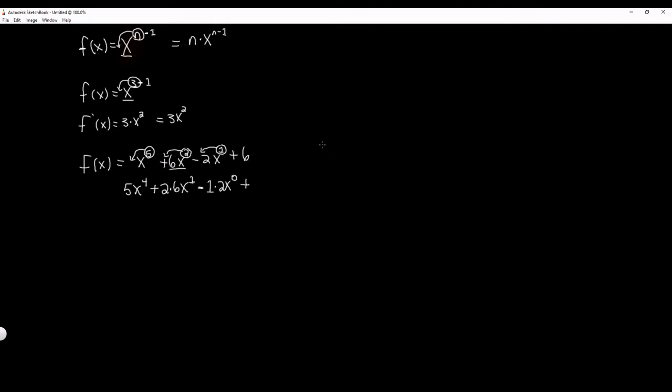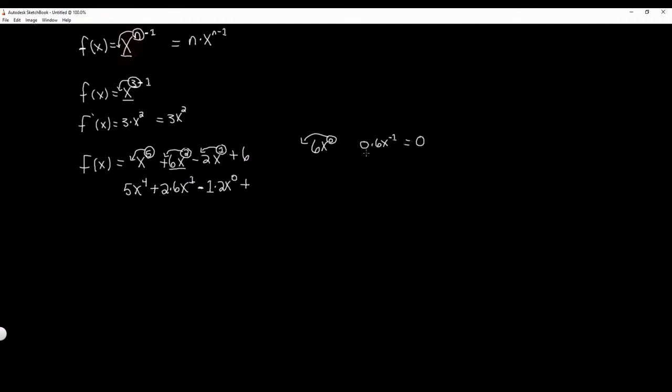But if I showed you how we took the derivative using the power rule, technically this is 6x to the 0th power, okay? That's what the constant 6 is. So if we moved 0 to the front and multiplied it and then subtracted 1, this would be 0 times 6x to the negative first power. But 0 times anything is just 0, so this equals 0.